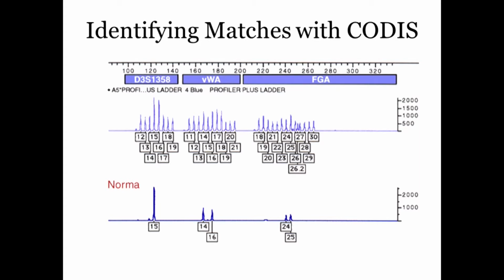Now we can compare this as basically a size standard for developing individual profiles. So for this individual profile for Norma, we can tell what her specific variant composition is at each of these regions.